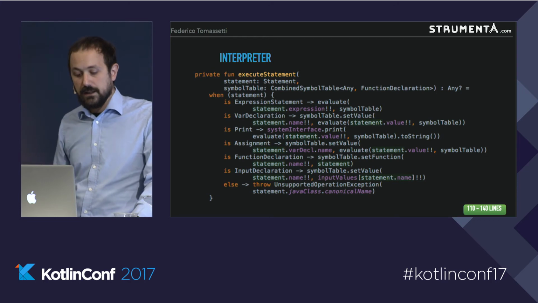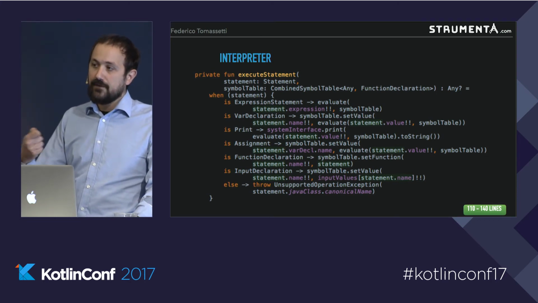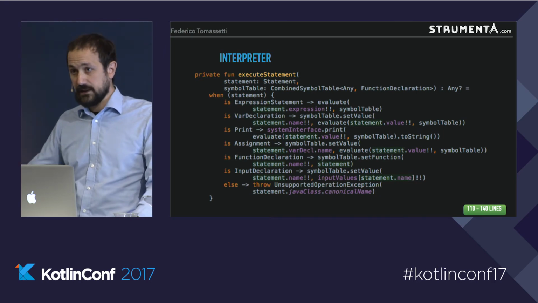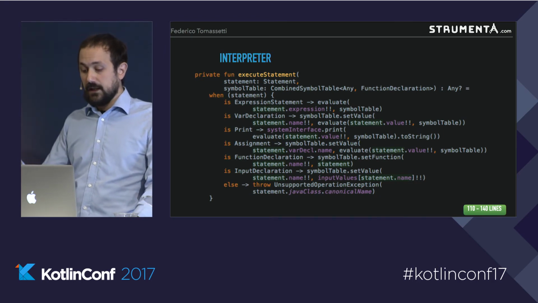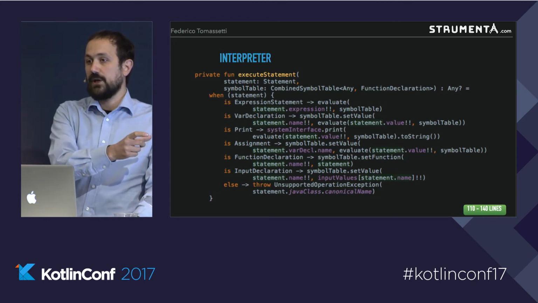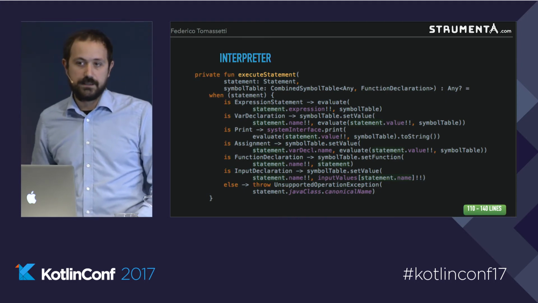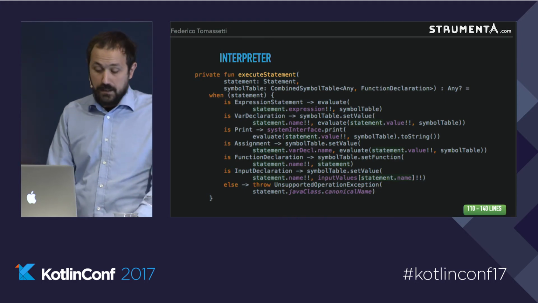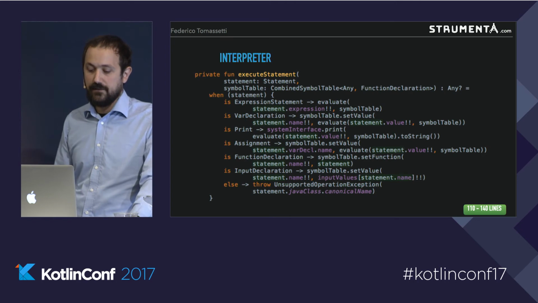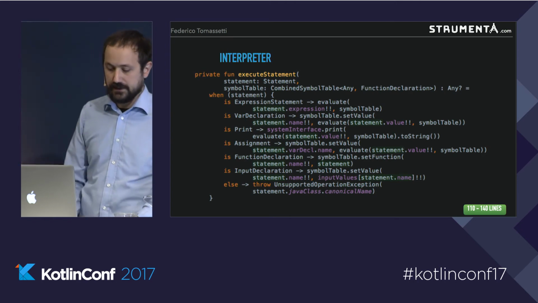Then, when I need a statement corresponding to a variable declaration, what I do is to evaluate the initial value assigned to such variable, take the result of the evaluation, and insert it into the symbol table associated with the name of the variable. So the symbol table is basically a map. A print statement, well, I just evaluate the parameter of the print statements, and then I print the result.